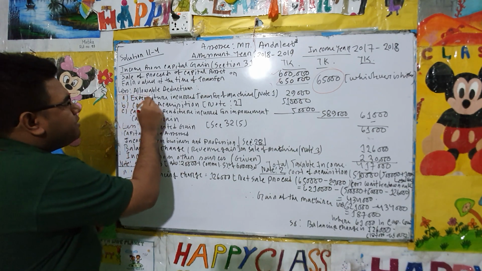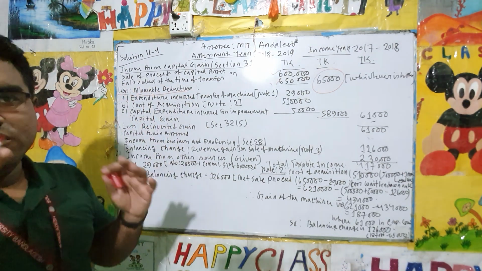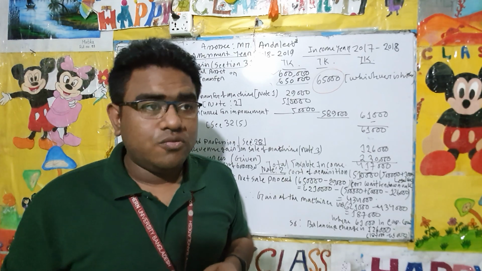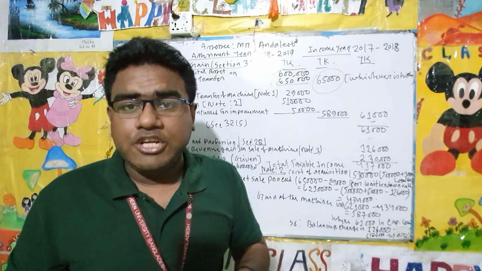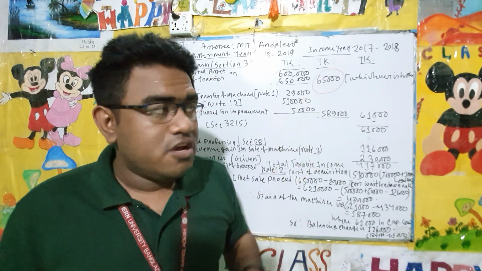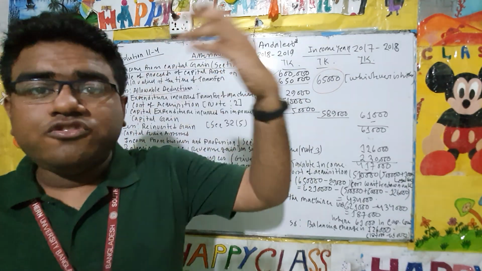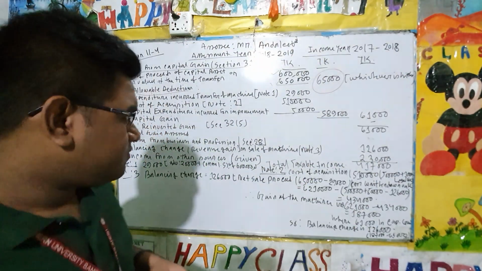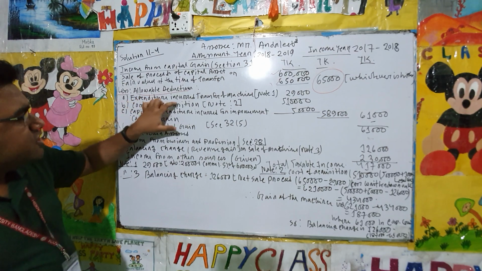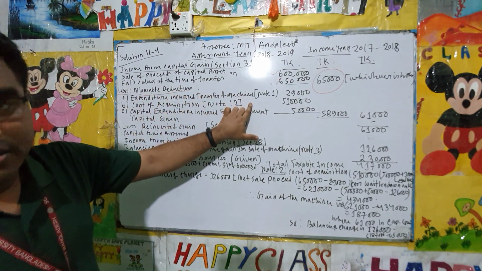Then less allowable deduction. You all know that which is an allowable deduction after giving the midterm. So now it is not the time to actually give you an idea about the allowable deductions. So in capital gain there are also some allowable deductions. Let's see. Number A is expenditure incurred transfer of machine.